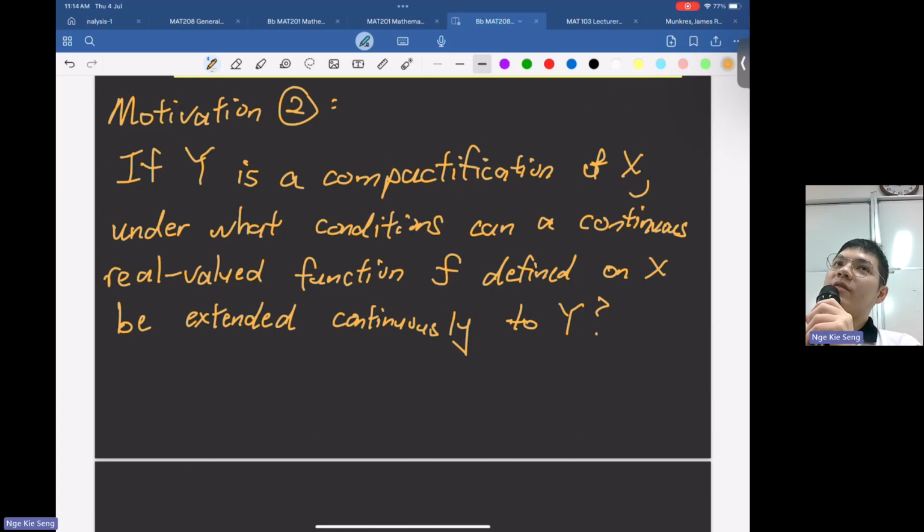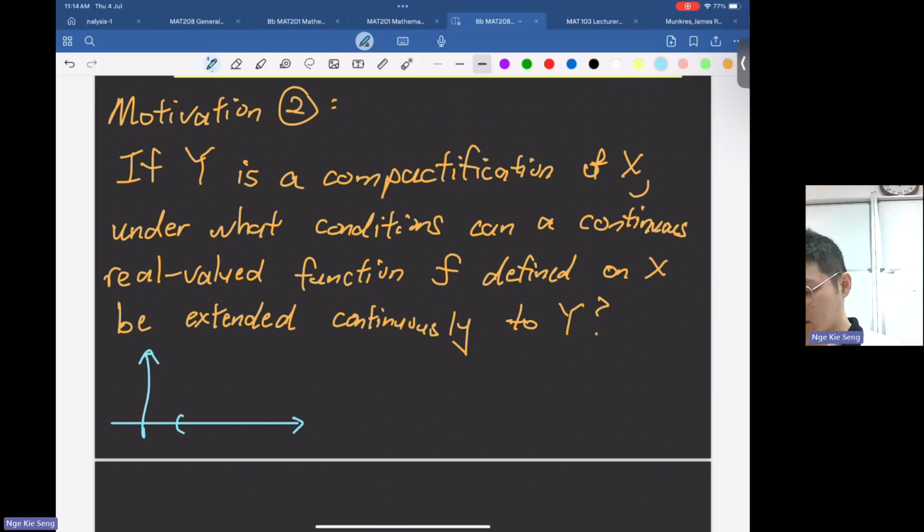Let me think how to motivate you guys. Let's look at maybe a function defined on the open interval from 1 to 2. Can I extend it to the closed interval 1, 2, for example?